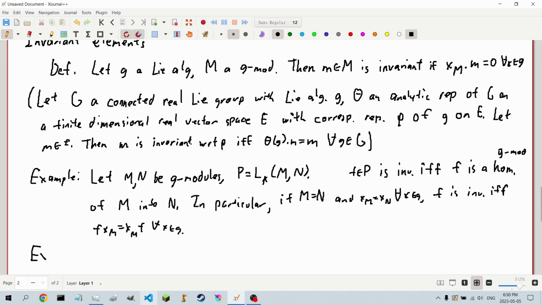Here's our second one. Let M be a K module with finite basis.